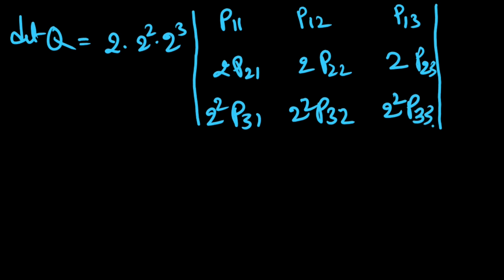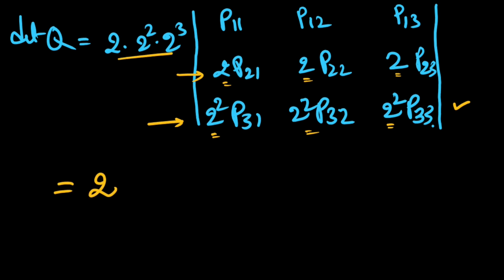Now observe each row of this determinant. In the second row 2 is common everywhere and in the third row 2 square is common everywhere. So we take out 2 from row 2 and 2 square from row 3.